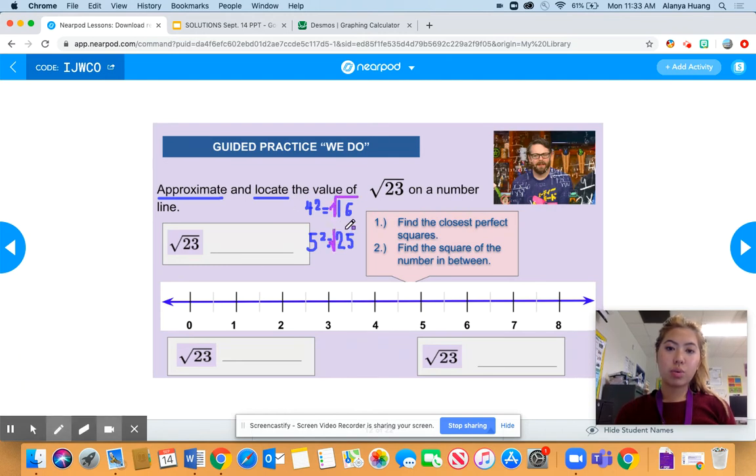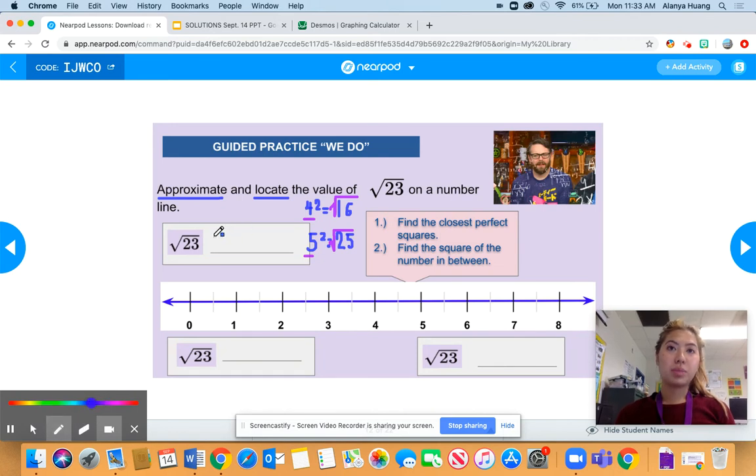So the square root of 23 is going to be in between square root of 16 and square root of 25. So that means it must be between 4 and 5.